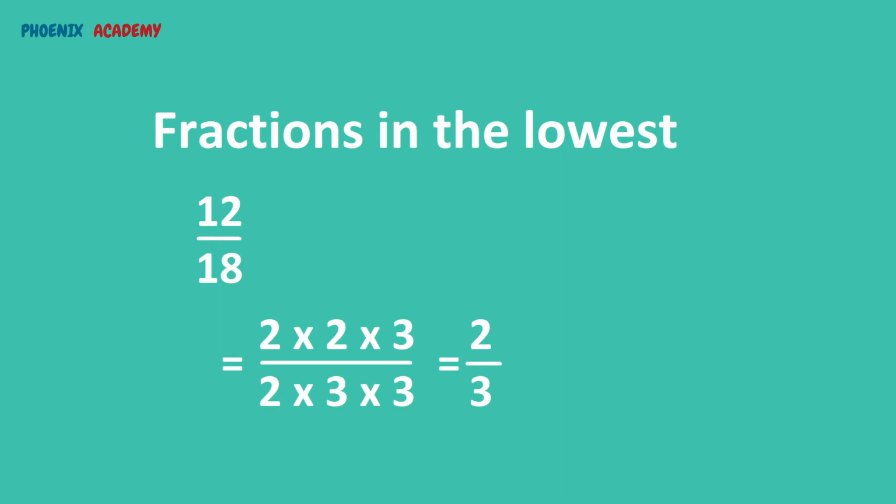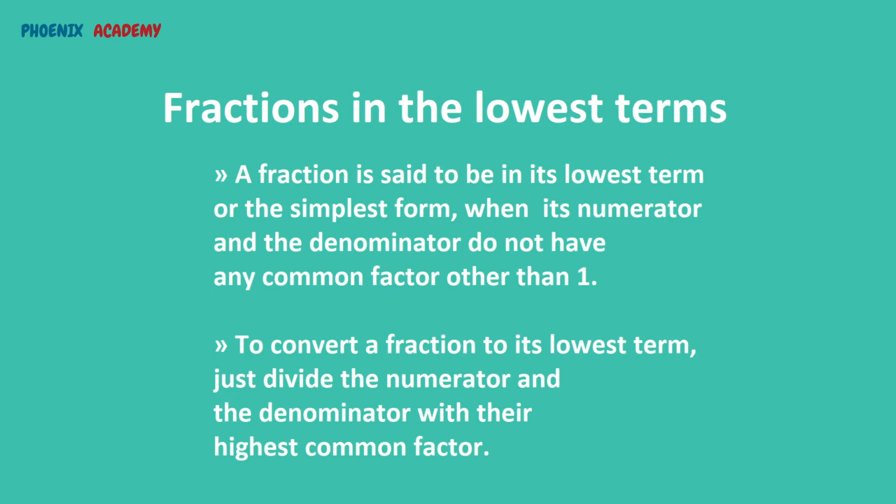So we can divide the numerator and denominator by the product of common factors, that is 2 into 3, 6. So we are going to divide 12 and 18 by 6. We will get 2 by 3. So the simplest form of 12 by 18 is 2 by 3.